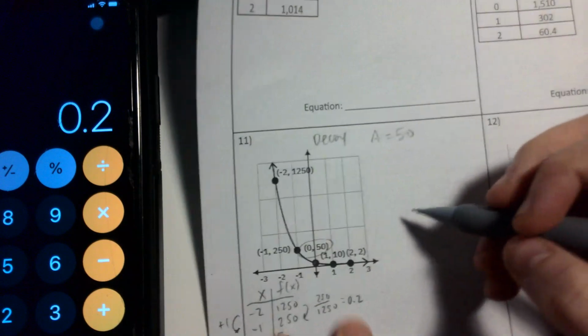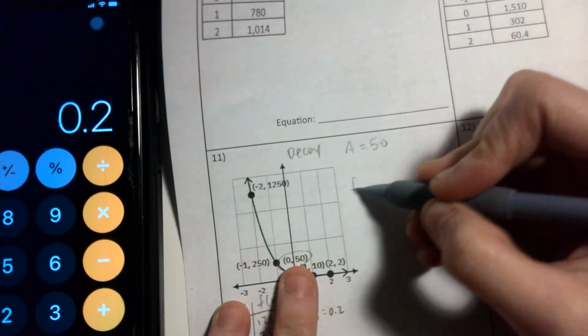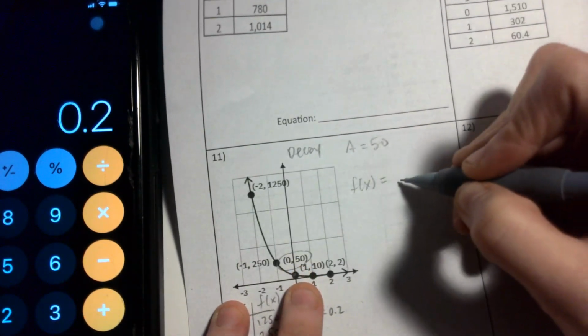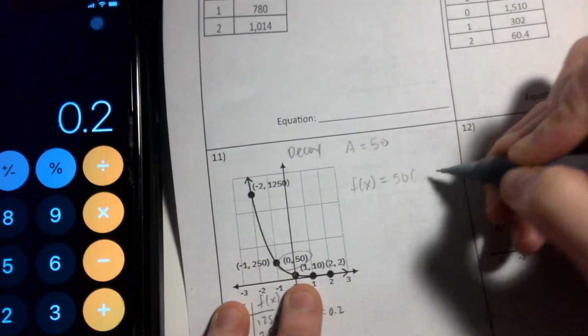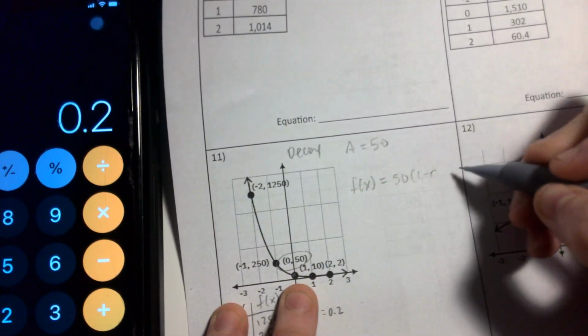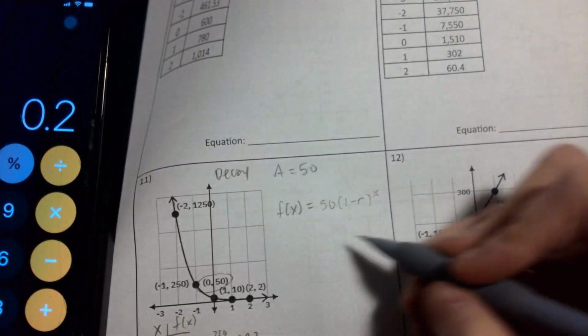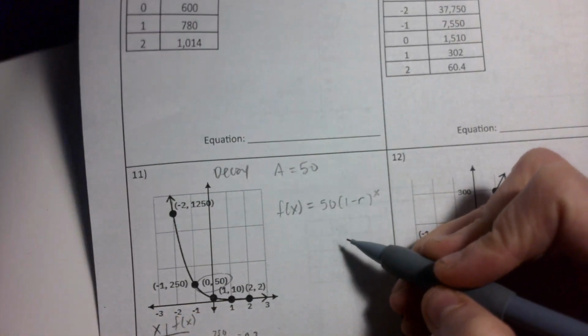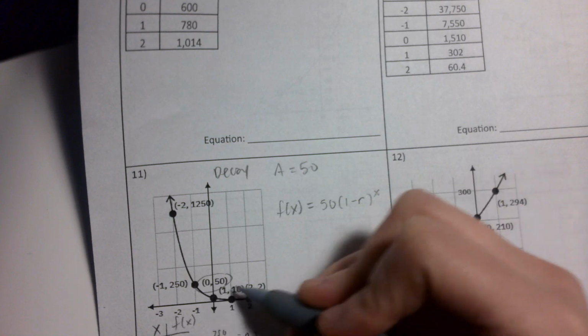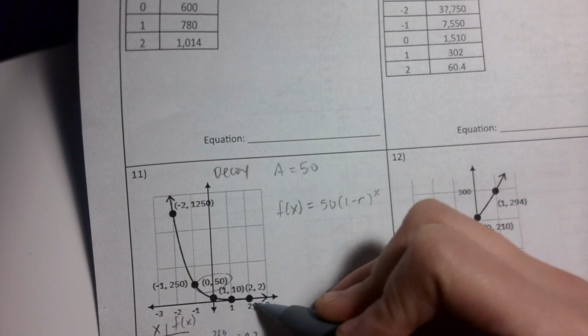So if we look here, we have f of x equals 5(1 minus r) to the x, because it's decay. And we can see that it's dividing by 5 each time, right?